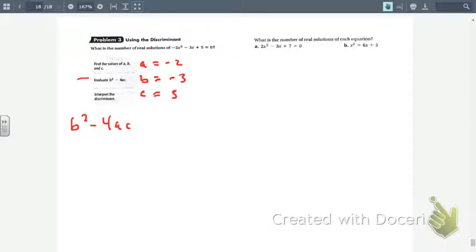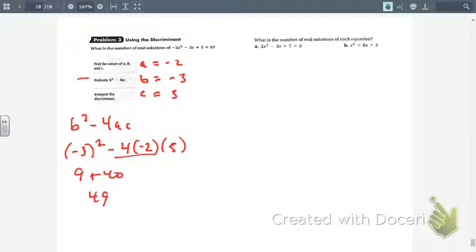And then plug those in. We're using parentheses when we plug in, so -3 squared minus 4 times -2 times 5. Negative 3 squared is 9, and a negative 4 times a negative 2 gives us a positive 8. 8 times 5 is a positive 40. So we're going to get 49.